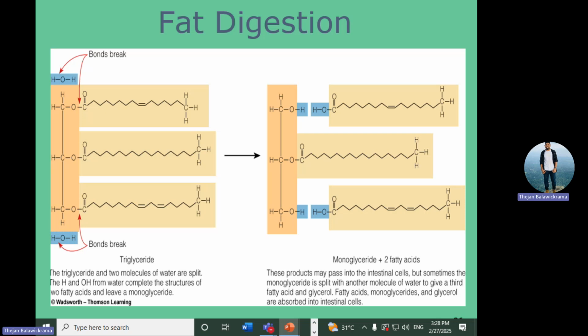Agreed? This is what happens in the hydrolysis process. These are simpler molecules, which can be further processed to produce ATP in cellular respiration.